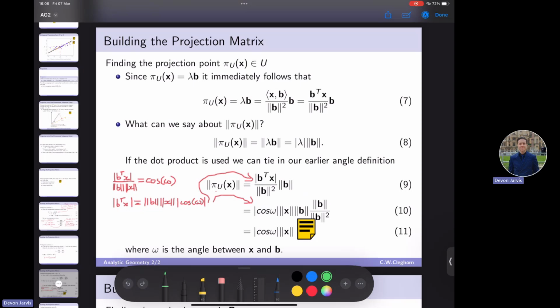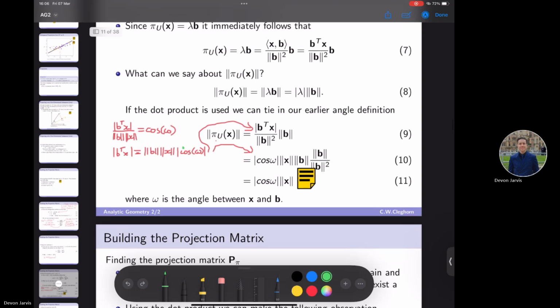Okay, we're just going to say this bit was found there. I'm going to replace it with that. Okay. And then lastly, you cancel your terms. You have b norm, b norm, b norm squared. Those all cancel.